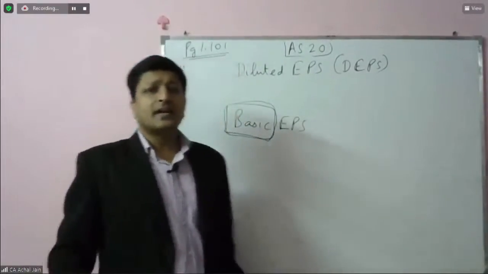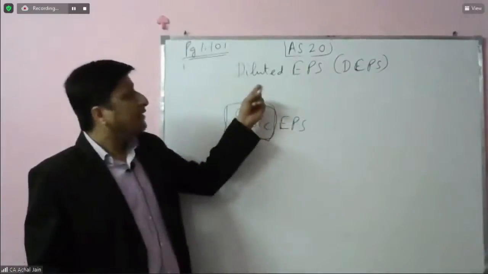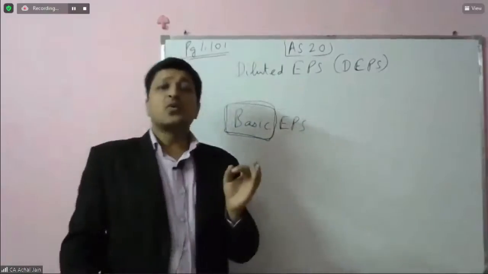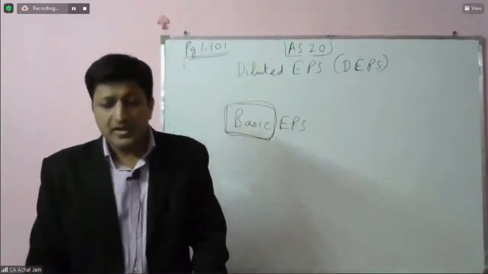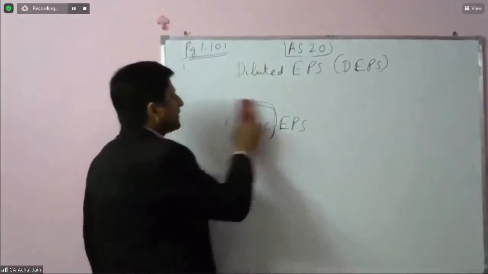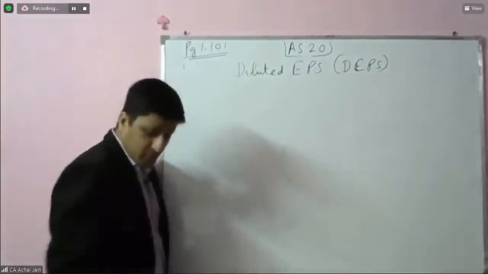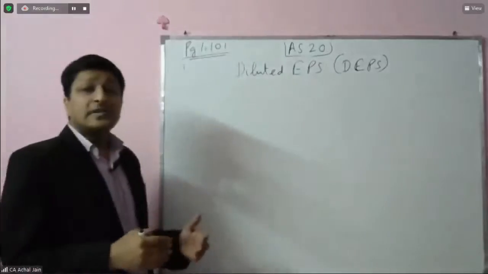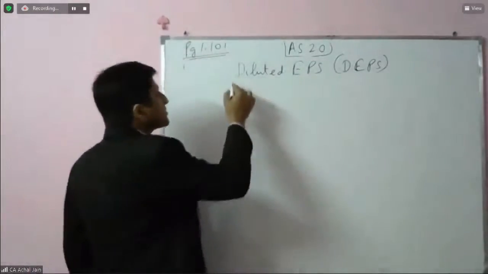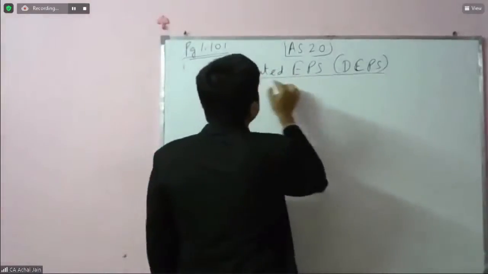Other than basic earning per share, diluted earning per share means another type of EPS is also required to be computed in certain situations. And let's understand how this is required to be computed and how this will be different from basic EPS, because that's going to be the most important part for your understanding.